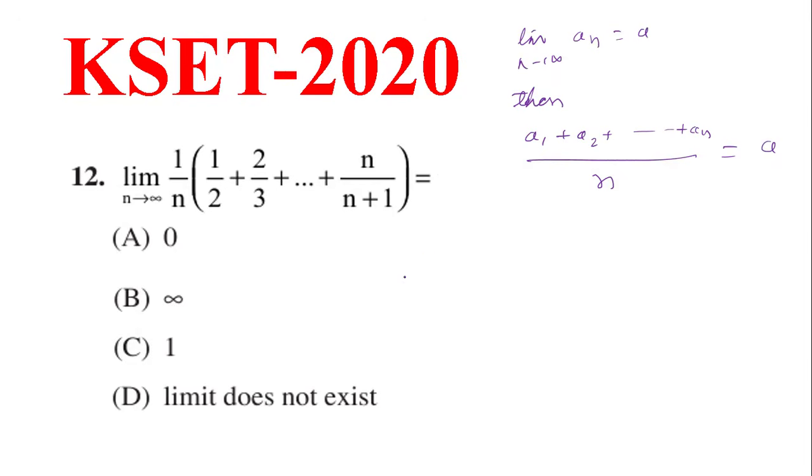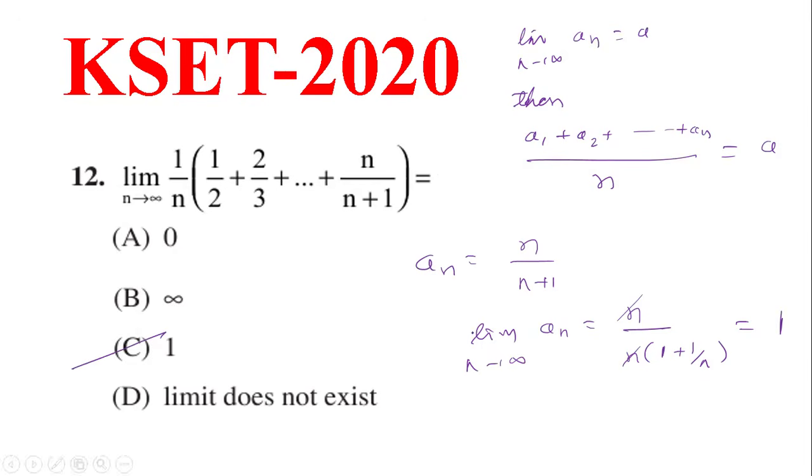That means here the nth term a_n is n divided by n+1. If I apply the limit as n tends to infinity, take n common, 1/(1 + 1/n). This gets cancelled. Value is 1. Answer is C.